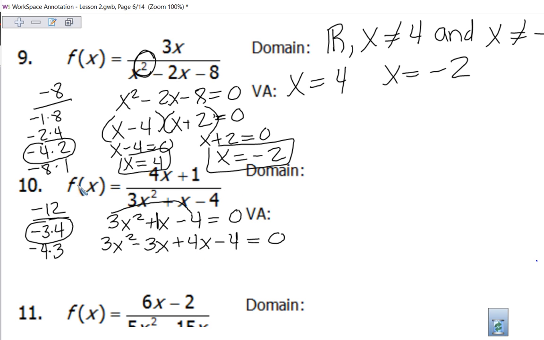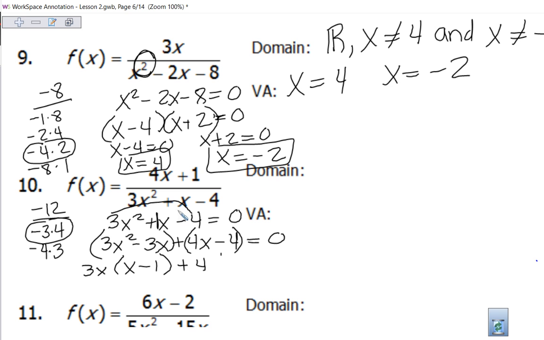Once you have your four terms, group the first two, group the last two. What's the GCF for the first group? 3x. What goes in the parentheses? X minus 1. What's the GCF for the second group? Positive 4.